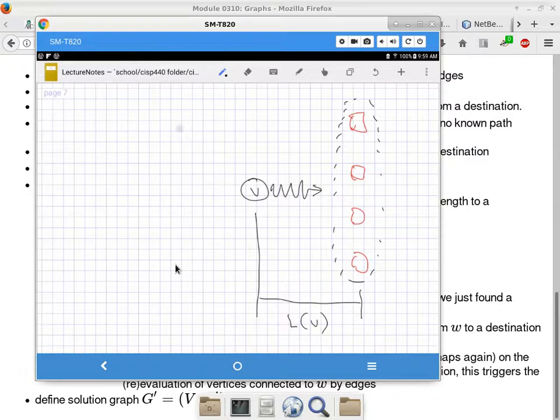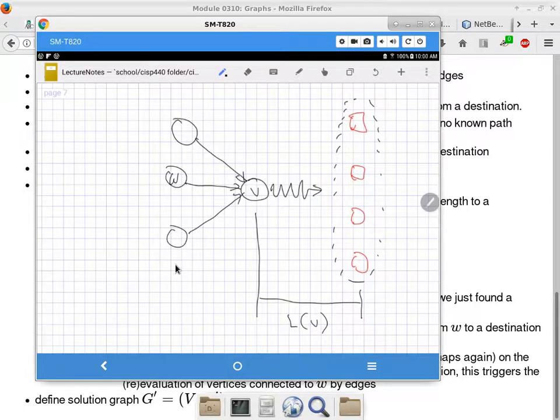We have a whole bunch of edges here, 1, 2, 3, possibly more, but they all have incoming edges to V. We look at all the incoming edges to V and we pick one. This time it doesn't really matter in which order. We have to look at every single one of these, but at one point we just pick one. Let's say this is our W at this point.